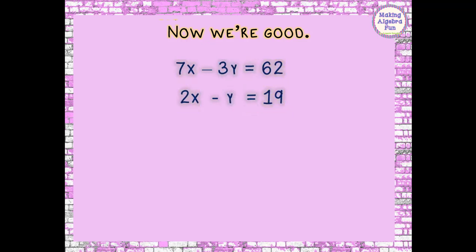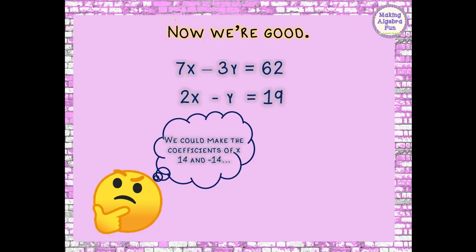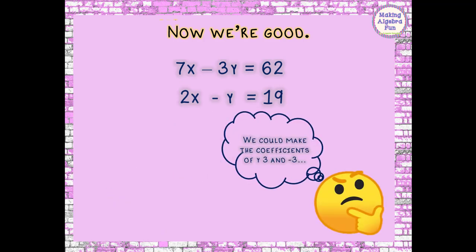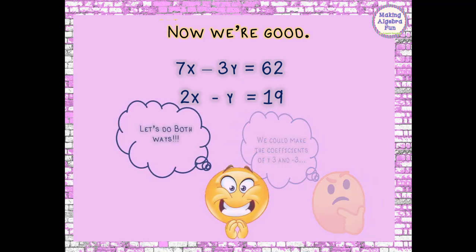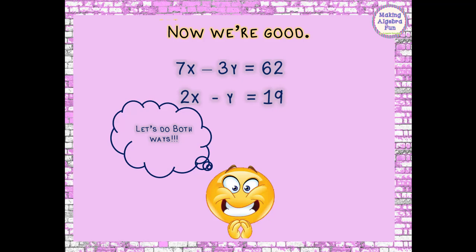Okay, so the next thing I need to do is decide which one I'm going to cancel. I can either cancel my x's, and if I look at the numbers I'm working with, 7 and 2, I can make them 14 and negative 14. If I choose my y's, I'm working with negative 3 and negative 1, I can make those 3 and negative 3. And what I'm going to do this time is do it both ways so that I can show you how you do get the same answer.